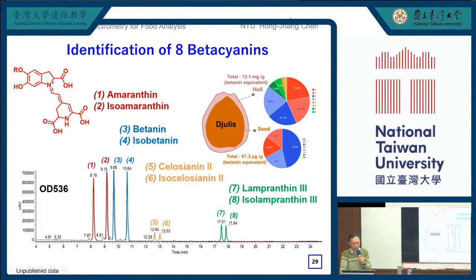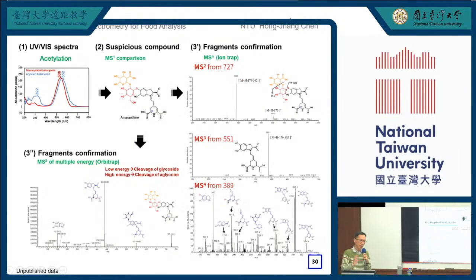It's very easy, right? And how could we do that? It's actually complicated. It's based on the MS technique called MSn, multiple-stage MS.